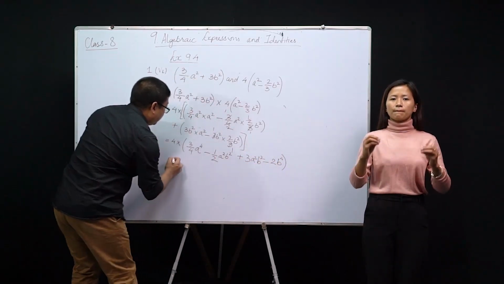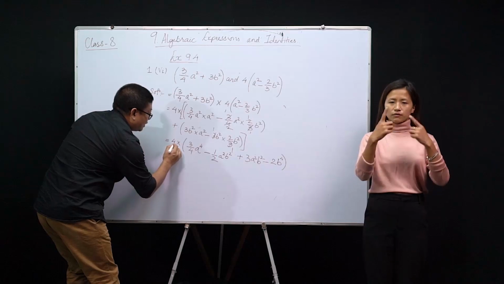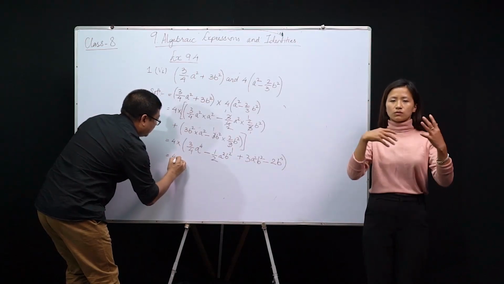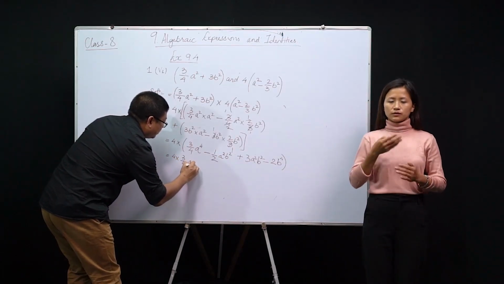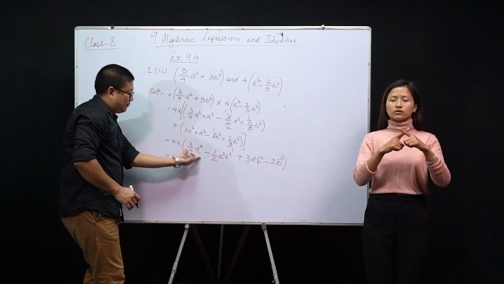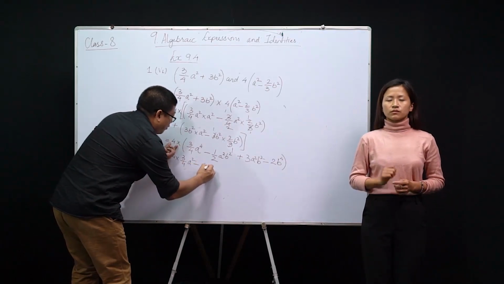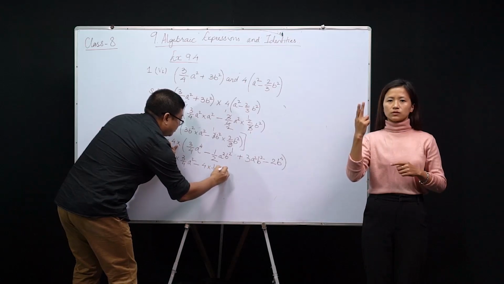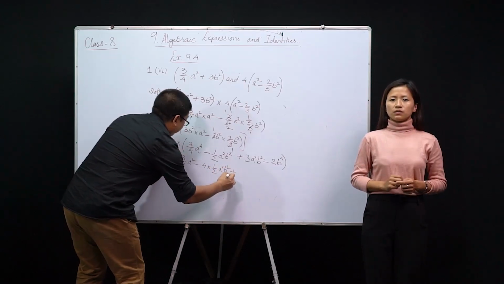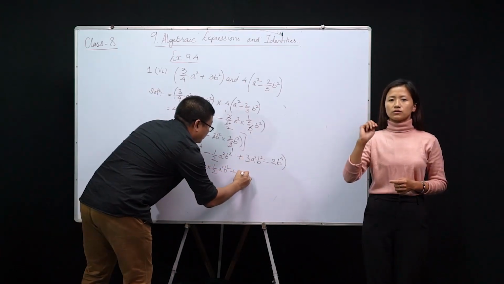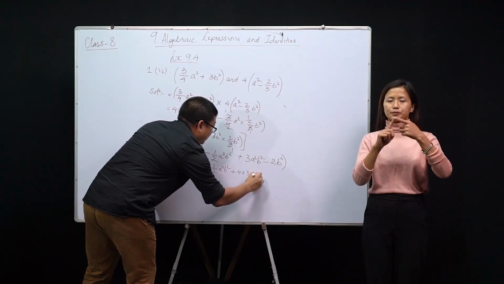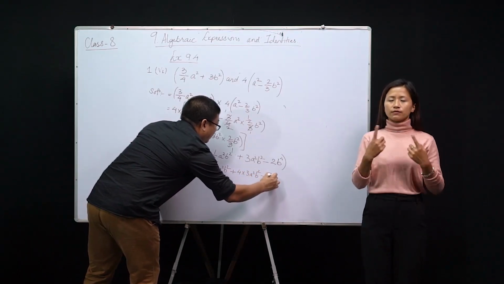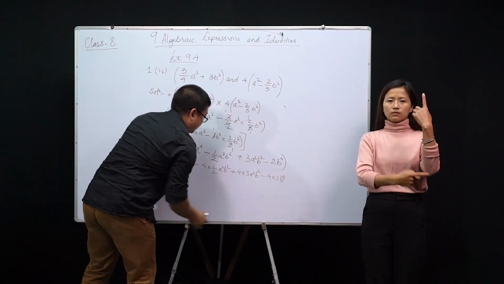Close the bracket now, and finally you take this 4 and multiply with all the numbers given below. So 4 into the first term, 4 into the second term, into the third term. Finally, 4 into the last term.